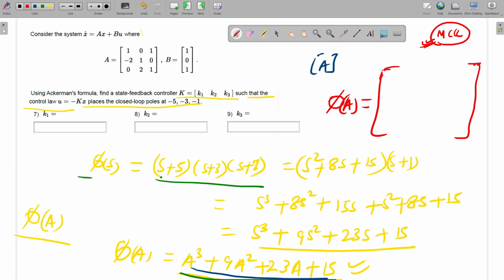So phi of A we'll find. If we do this operation, A cube plus 9A square plus 23A plus 15, then we'll find the final matrix.